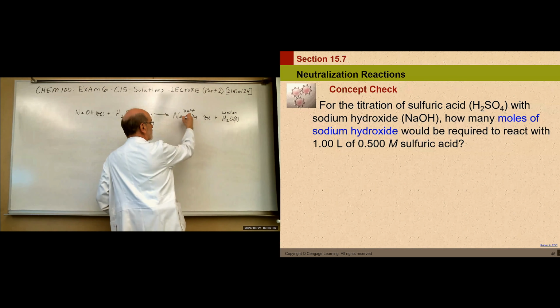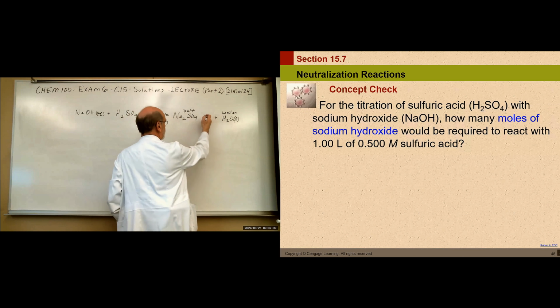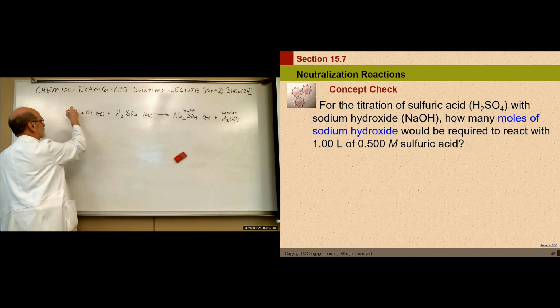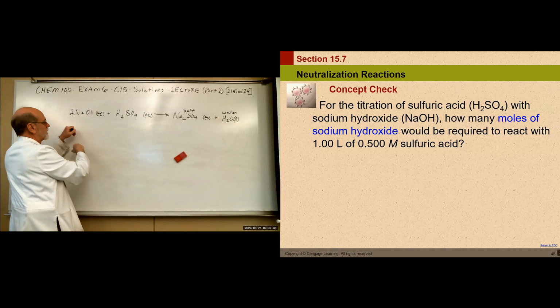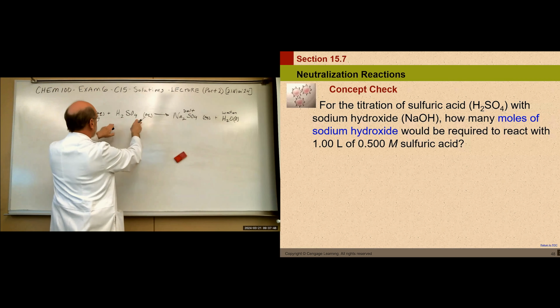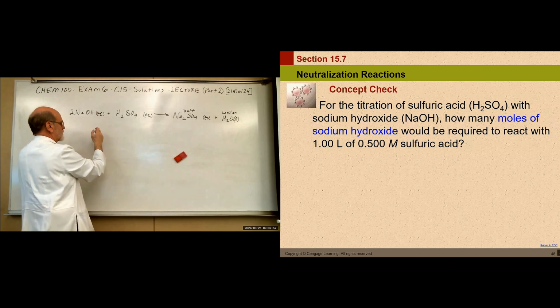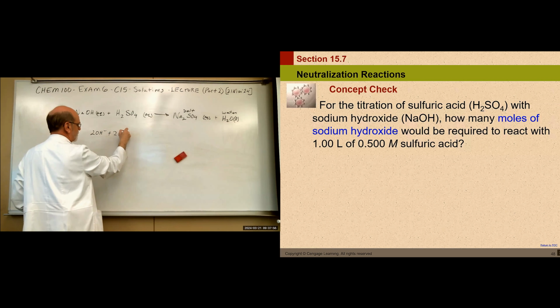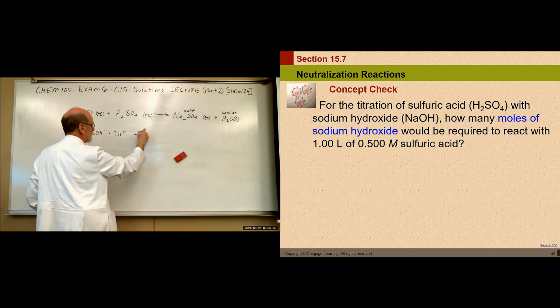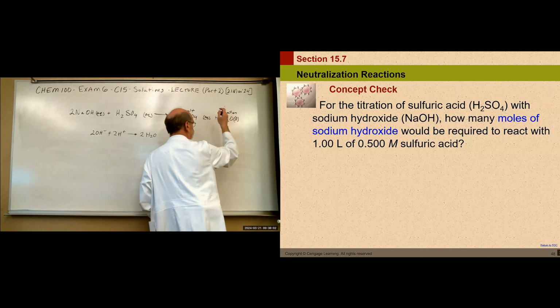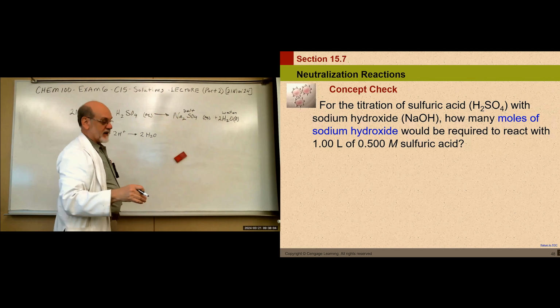So we need 2 of these. That means we need 2 of those. 2 sodiums, 1 sulfate, 2 hydroxyls, and 2 hydrogens yield 2 water. So we need a 2 here. That balances the equation.